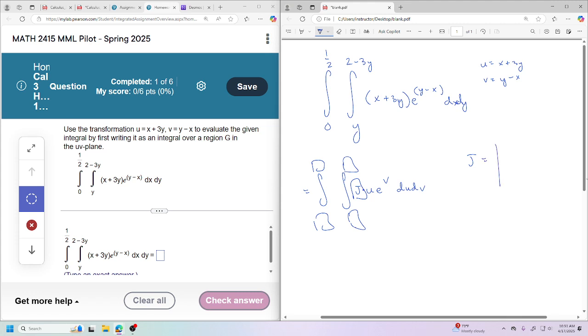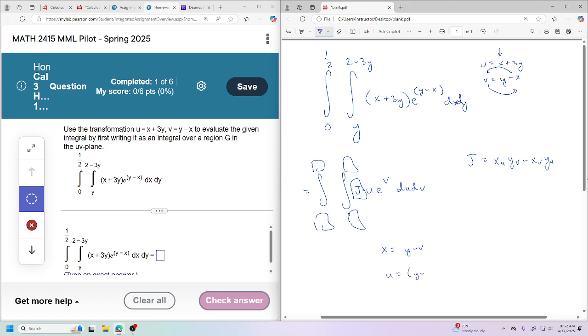So the Jacobian, I guess I could just do the actual formula now. It was x sub u, y sub v minus x sub v times y sub u. Do I have x equals blah? Not exactly. So we have to rearrange these to get x equals, y equals. So now I have x is equal to y minus v. And then I can plug that in here.